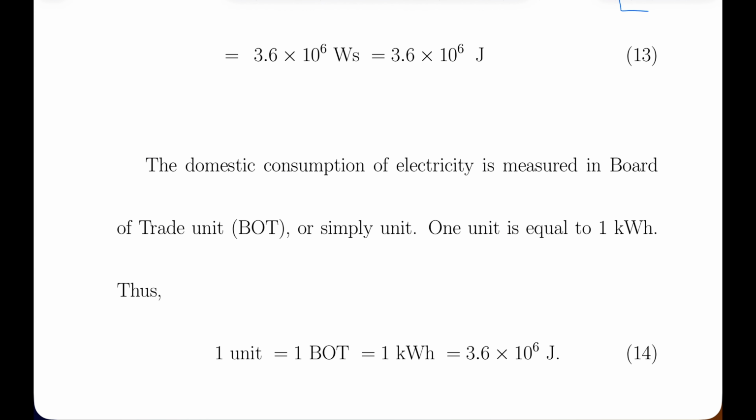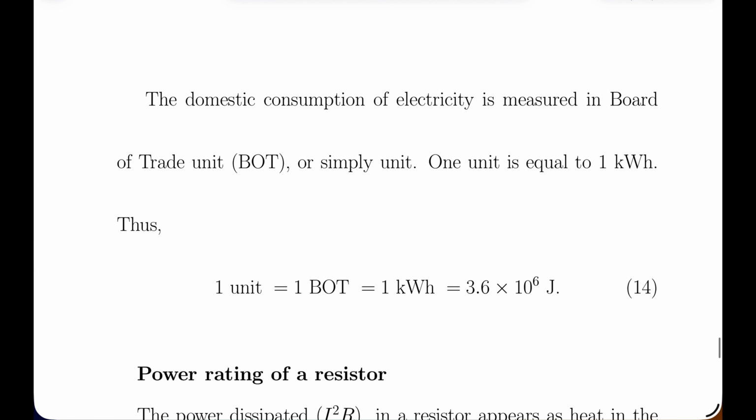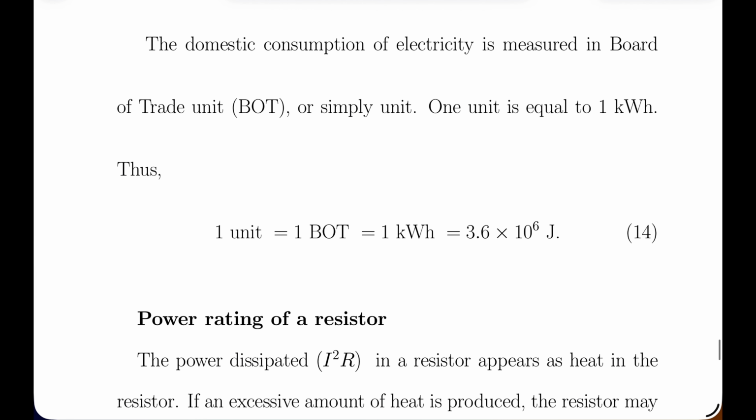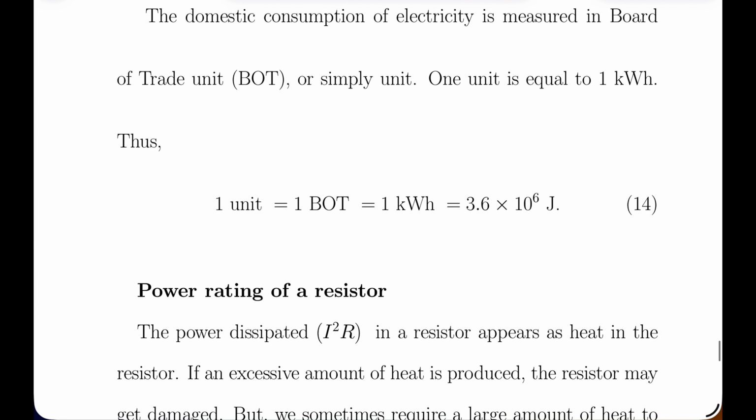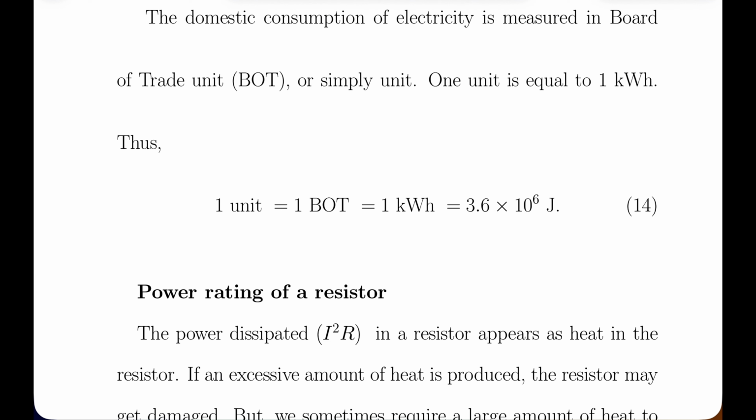If I consume 200 units of electricity, then the total energy consumed is how much? 200 units will be equal to 3.6 into 10 to the power 6 into 200 joule. Okay.